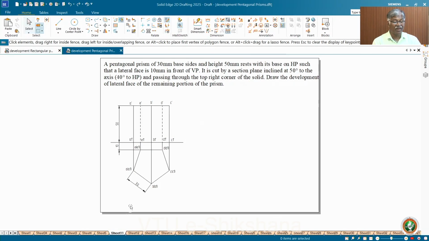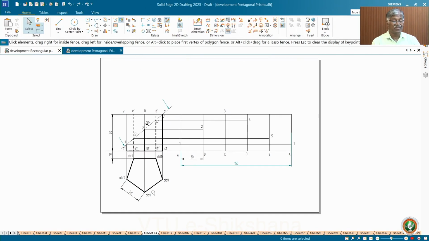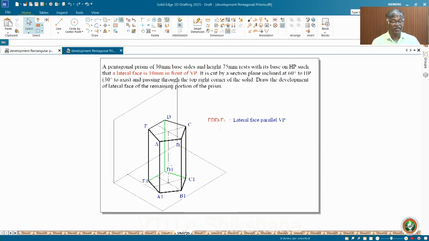Here it is parallel. There also the same thing you have to follow, same procedure. Passes through the top corner inclined at 50 degree to the axis. Okay. Then draw the development and then keep this projected and join the pattern, you will get this. Okay. This is how you get the different orientation.